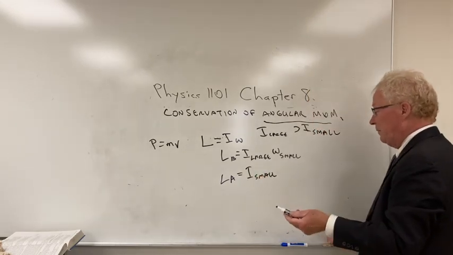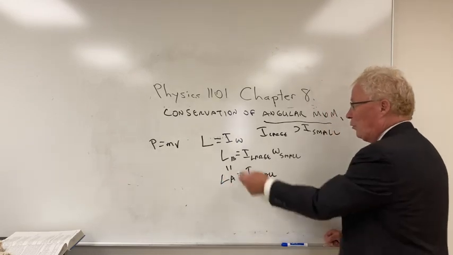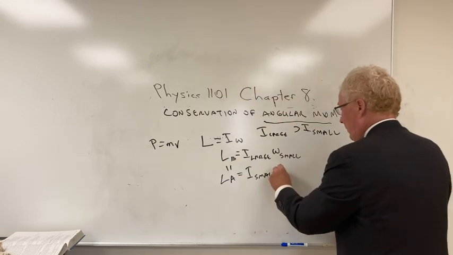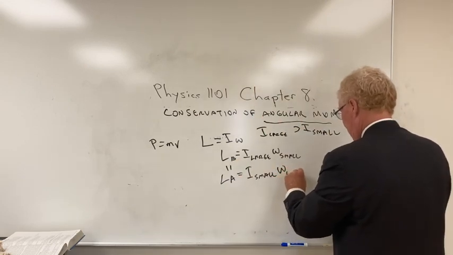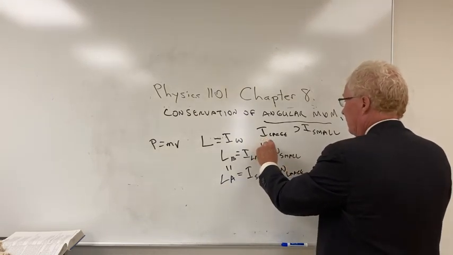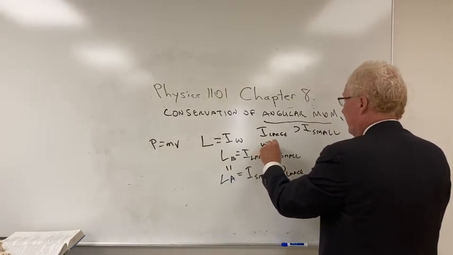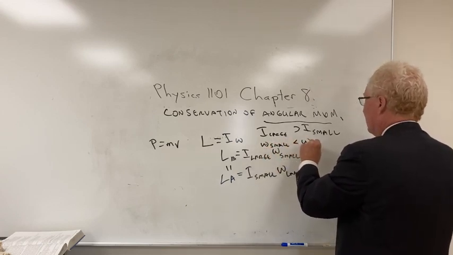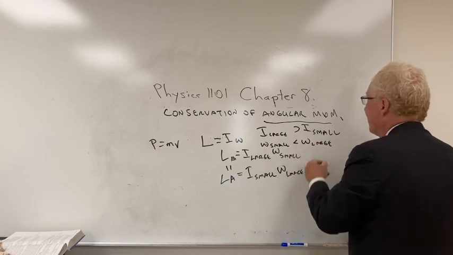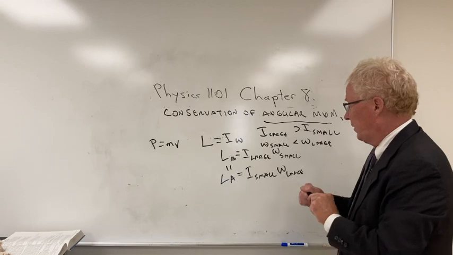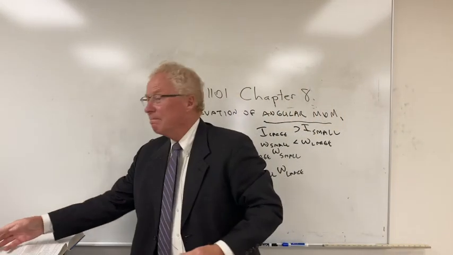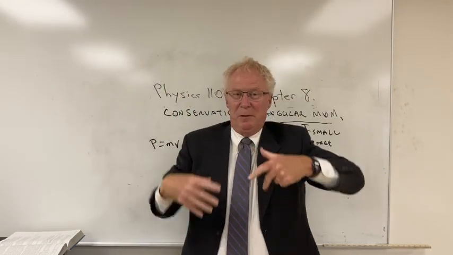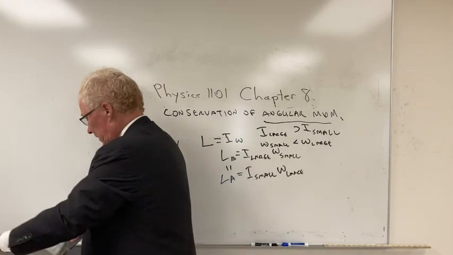Because these two will be equal, since I'm doing nothing else except internally, omega will be larger. So omega small will be less than omega large. This is how a figure skater, when she holds her arms out, spins slowly, and pulls them in, spins much, much faster.